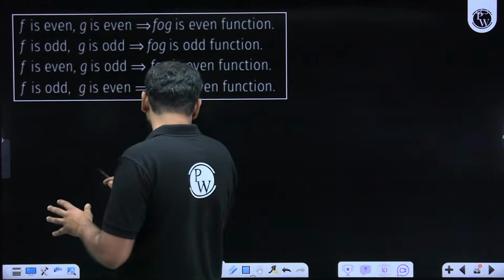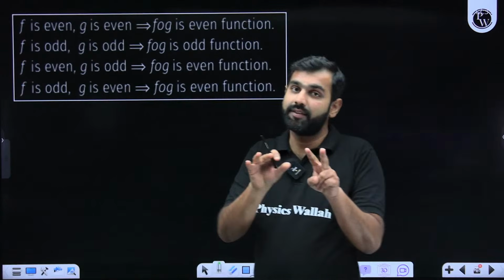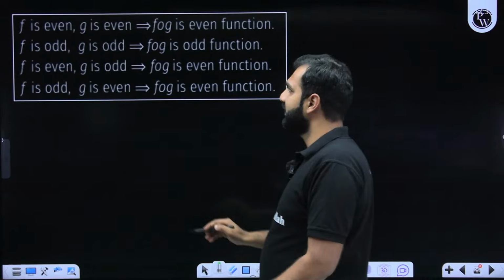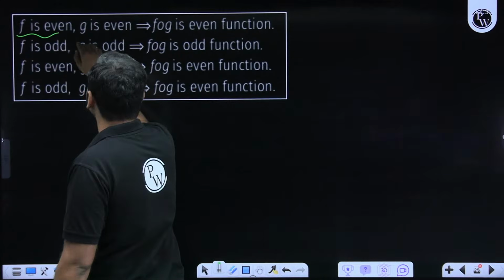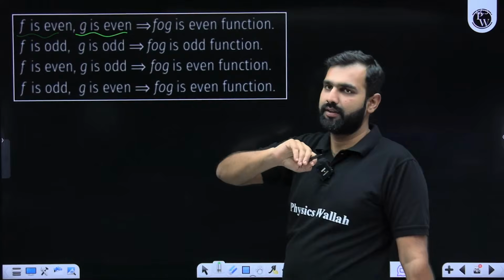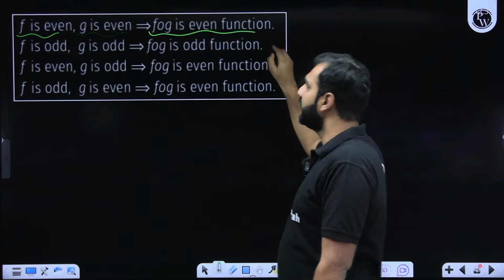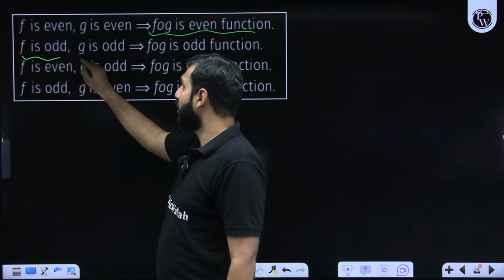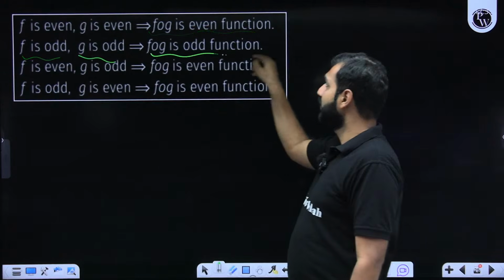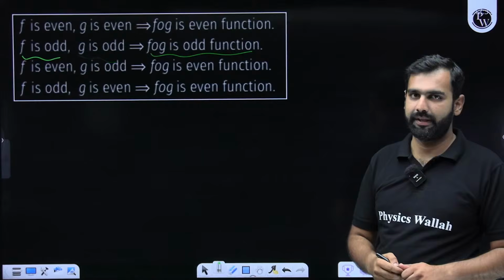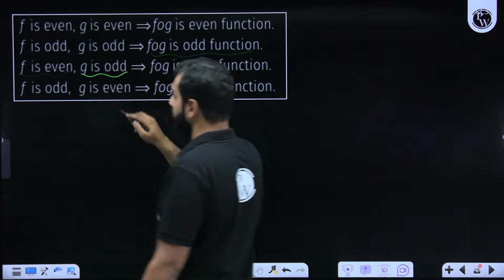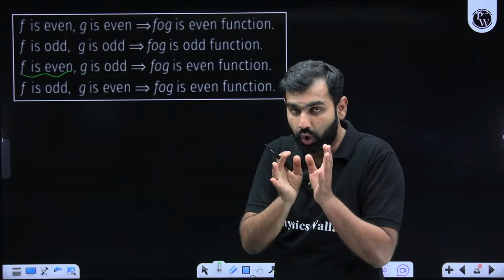Yes, here I'm merging two concepts, composition of two functions with even and odd. Do remember these results. Let's say f is even and g is even. If both the functions are even, then their composite will be even. Second, again a negative concept. If f is odd, g is odd, f of g will be odd. Please remember that. Third conclusion, if f is even, g is odd, mind you students, the order matters.